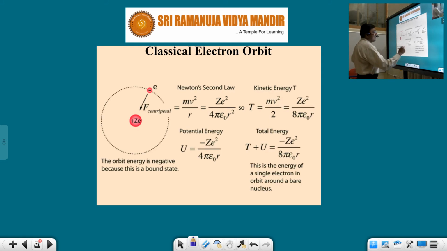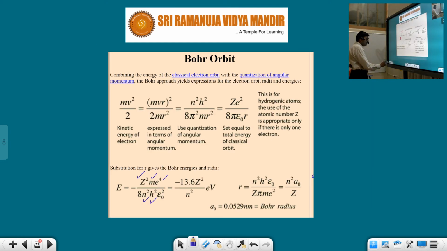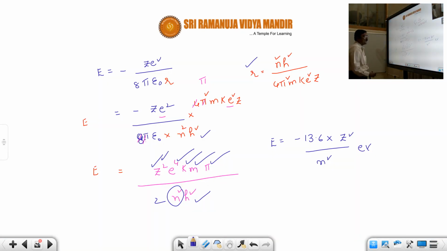So here this is the potential energy and total energy. Total energy is equal to, I hope you understood, minus Z square by 8 pi epsilon naught r. Now you can see here the expression is as follows: m e power 4 by n square h square 8 epsilon square. Now go back and see whether the same calculation has come or not.